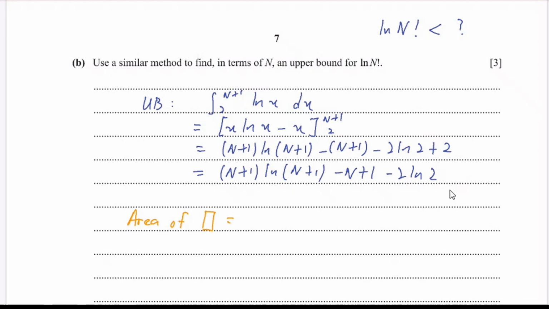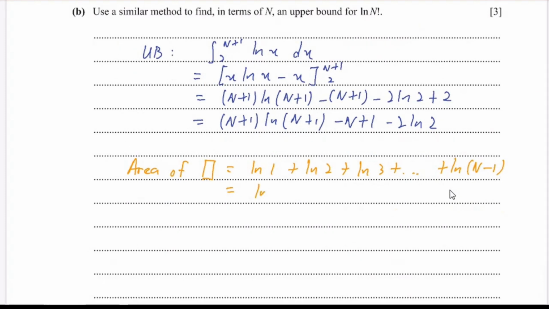we get ln 1 plus ln 2, ln 3, and so on until ln (n minus 1). This is just ln (n minus 1) factorial.